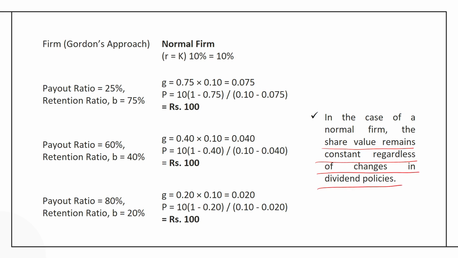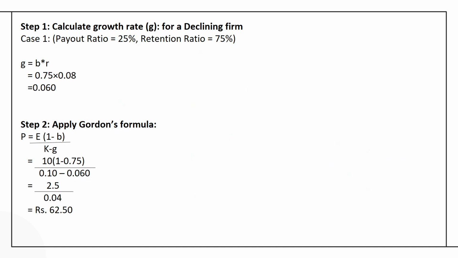So, here we can apply the same process for a declining firm, with 3 different scenarios where the payout ratio is 25%, 60%, and 80%. The growth rate in this case comes out to be 0.06 or 6%, and if we apply the formula by substituting the values in our practical problem, we see that a rate of return which is only 8% has resulted in a very low price of share, which is 62.5.